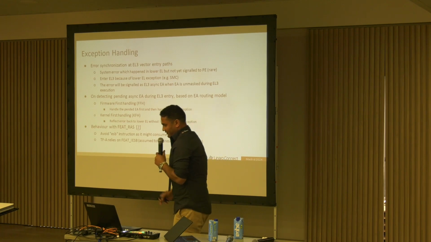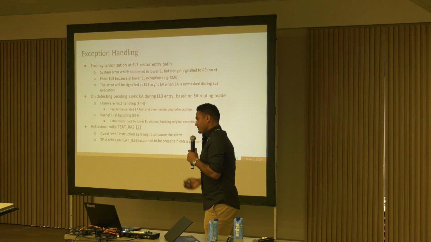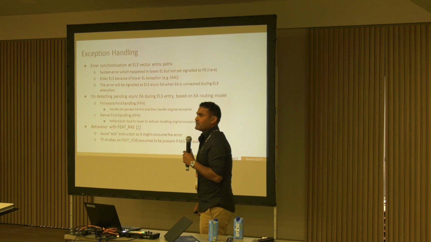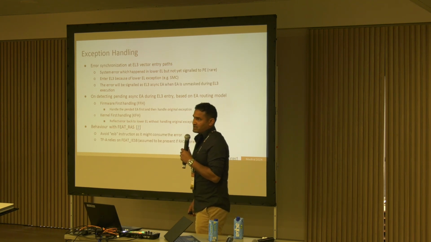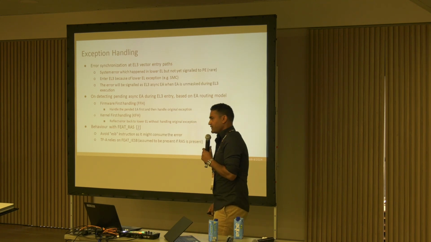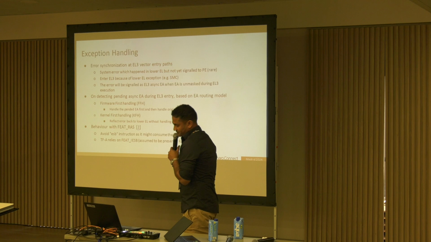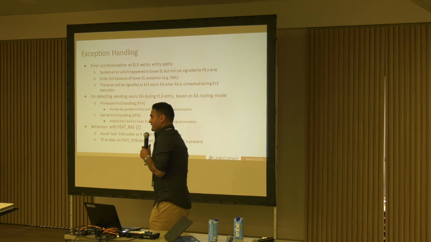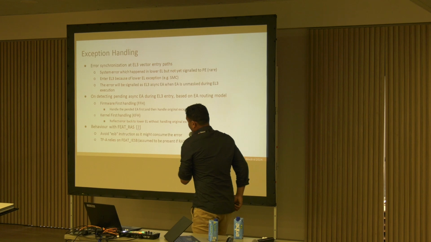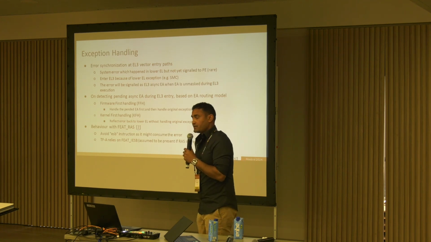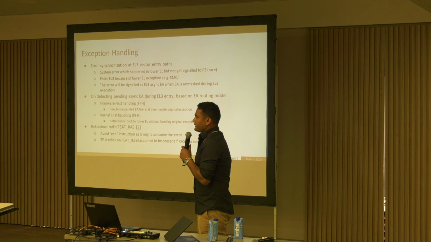You come to EL3, and what used to happen is there is a pending error that is not signaled. Coming to EL3, EAs are unmasked at that moment, and once you unmask the external aborts, it will trigger as an EL3 exception. The purpose of this work was to identify and isolate any errors at the EL3 boundary.